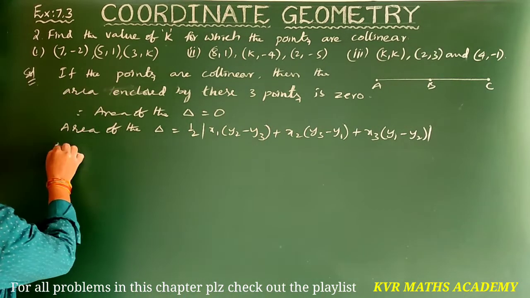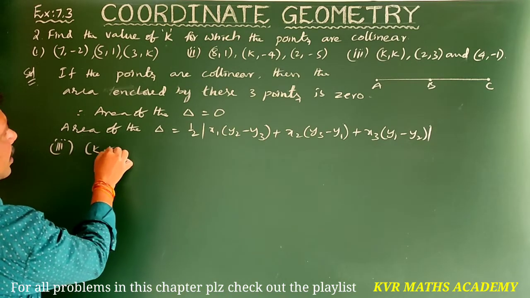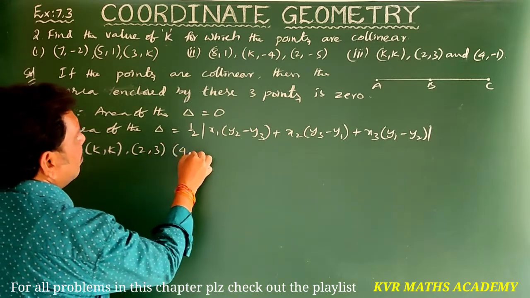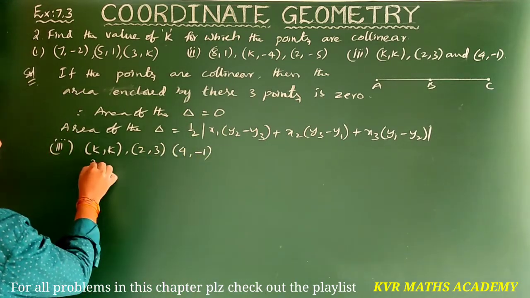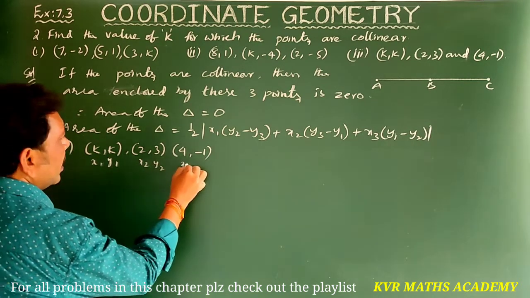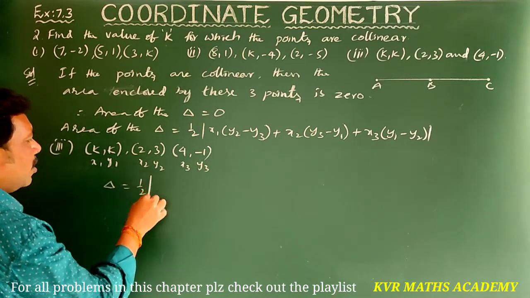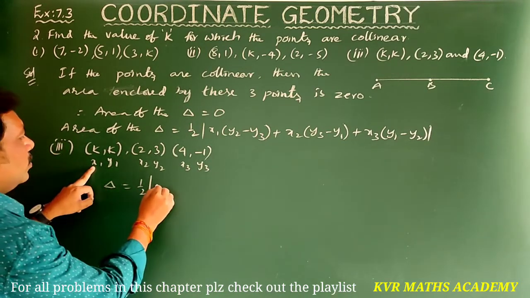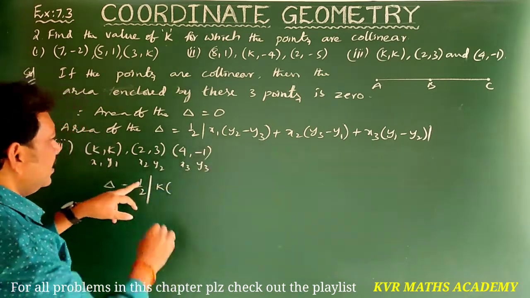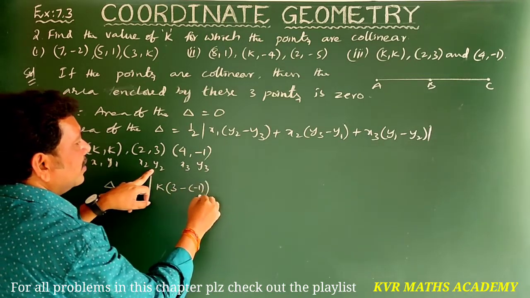Next, third question. Third one, k comma k, 2 comma 3 and 4 comma minus 1 have been given. Yes, these are the points x1, y1, x2, y2, x3, y3. Let us take like that. So area of the triangle is equal to half modulus of x1 into, which means k into y2 minus y3, 3 minus of minus 1.